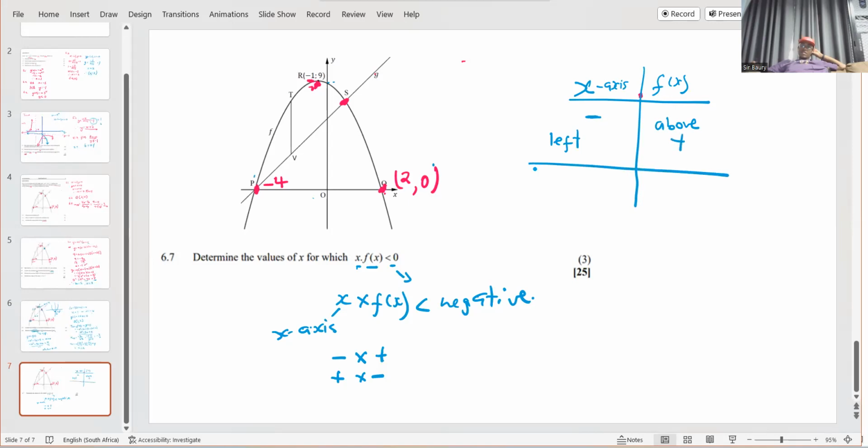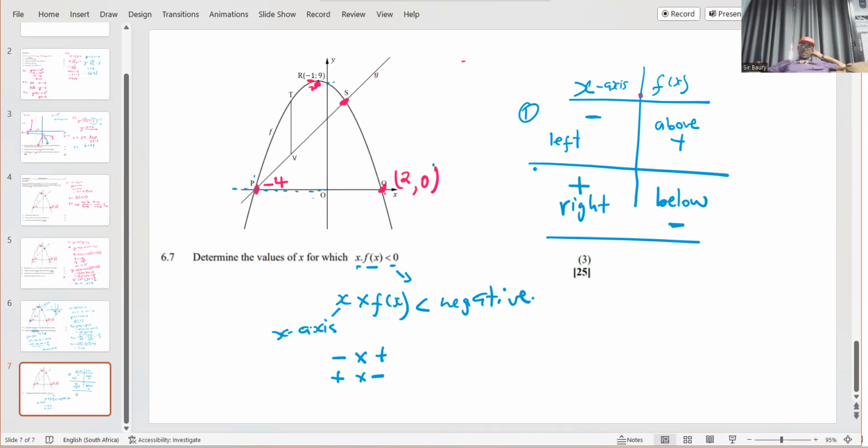Or I need to look where x-axis is positive, it's on the right. And where f of x is negative, it's where it's below. Right? That's where it's negative. So I need to look at these. So I'll start with this. This will be number one. Left. Here's my left here.